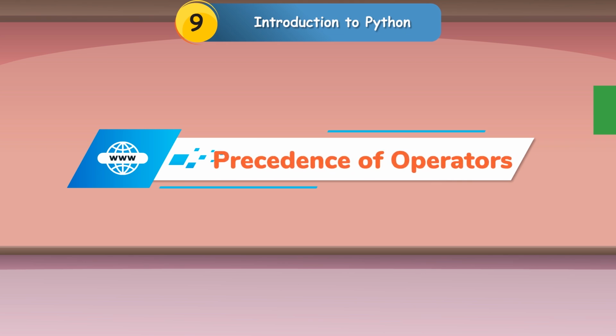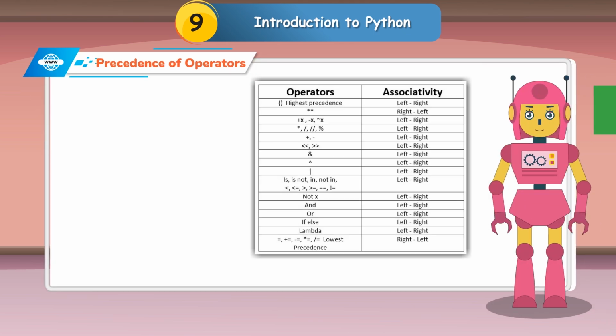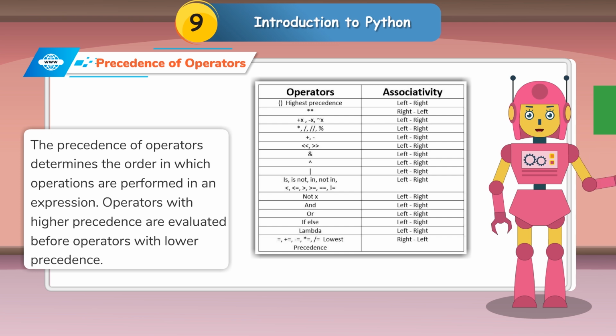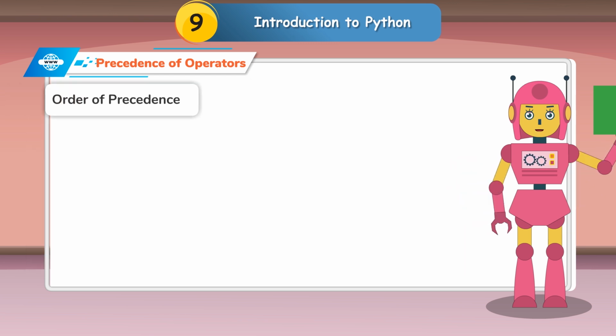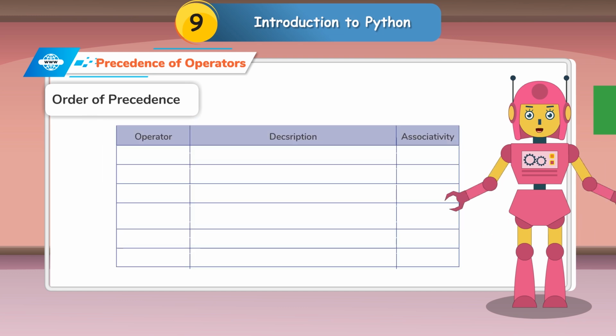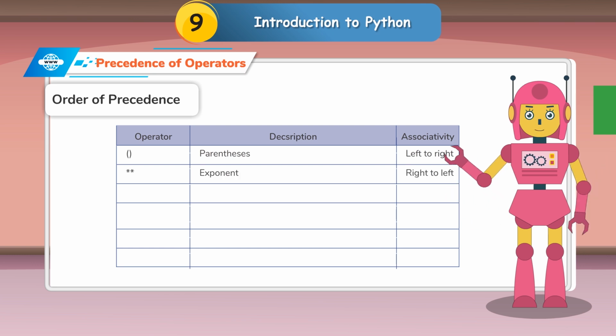Precedence of operators. The precedence of operators determines the order in which operations are performed in an expression. Operators with higher precedence are evaluated before operators with lower precedence. Order of precedence: operator, description, associativity. Parentheses, left to right. Exponent, right to left.